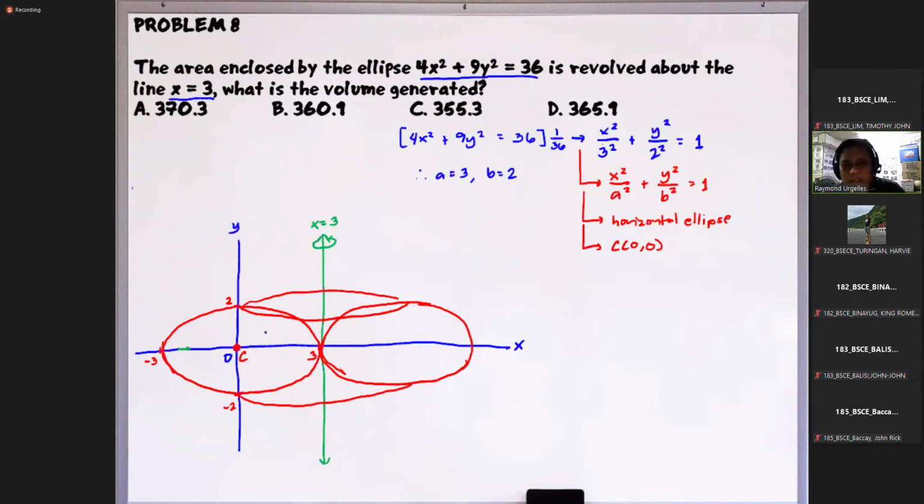Here, we will take the cross-section. Remember, I told you yesterday that the cross-section for the disk method is perpendicular to the axis. The same goes for the washer method.